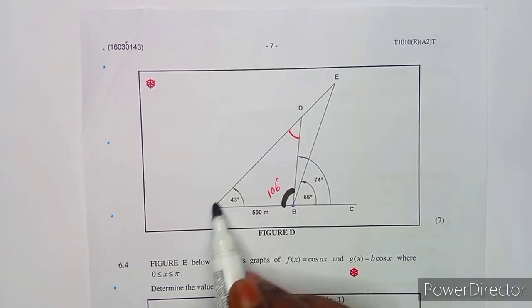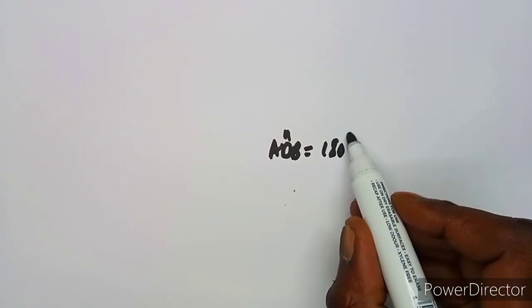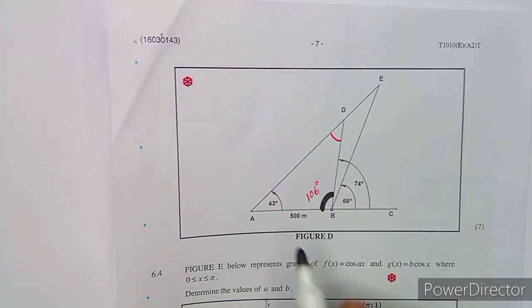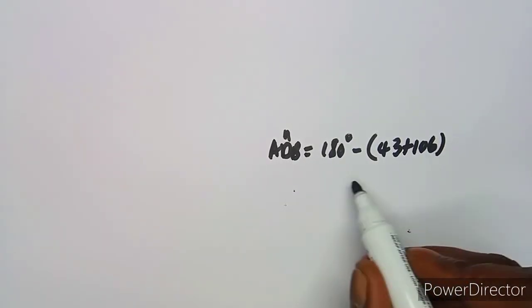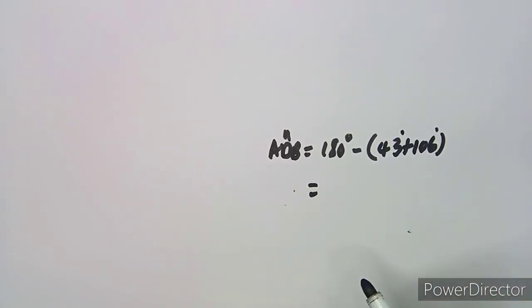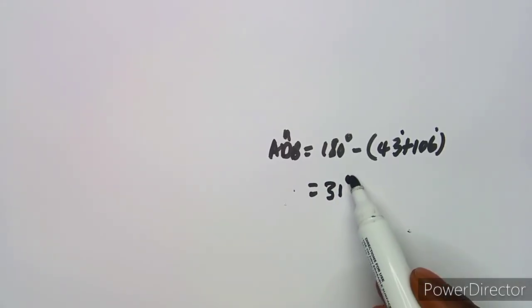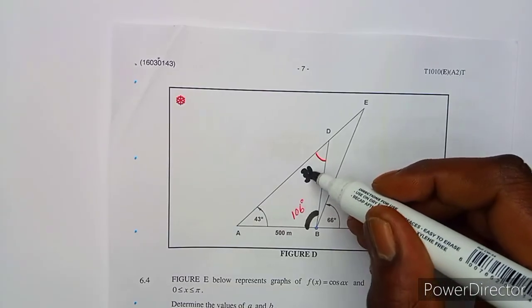So we can calculate ADB, which is 180 minus these two angles in a triangle, 43 plus 106, which is going to give us something like 31 degrees.